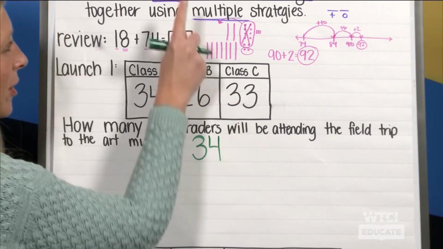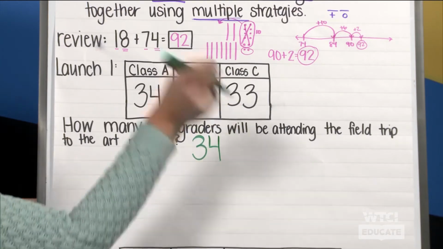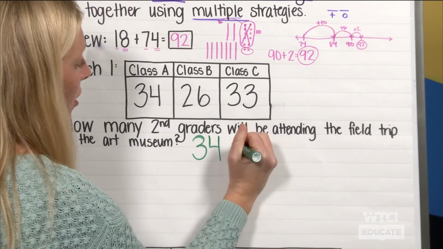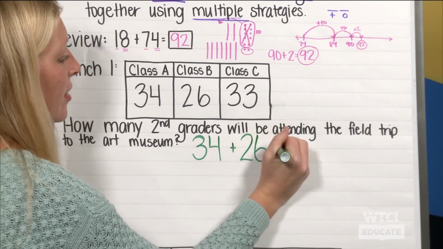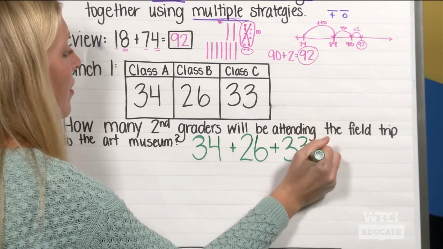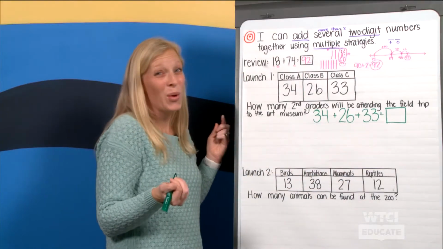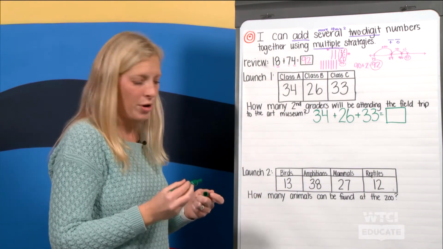Now, our learning target would give us a clue about that, wouldn't it? If our learning target tells us we're adding several numbers, this is going to help us solve this work. 34 plus 26 plus 33 equals box. Because we don't know what the sum is of all those numbers. That's what we have to solve for.